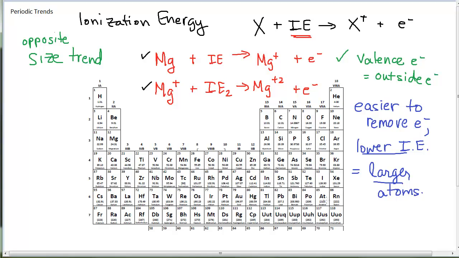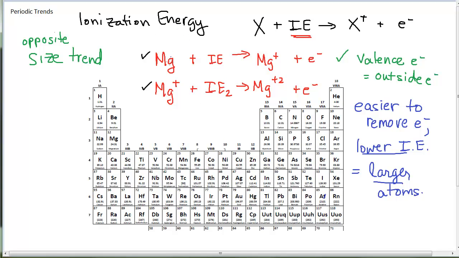The smaller the atom, the closer to the nucleus you're going to have to reach into to get that outside electron, the harder it's going to be, which means the larger your ionization energy. So, larger atoms have smaller ionization energies, smaller atoms have larger ionization energies.